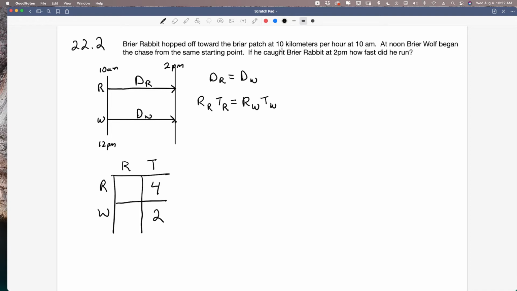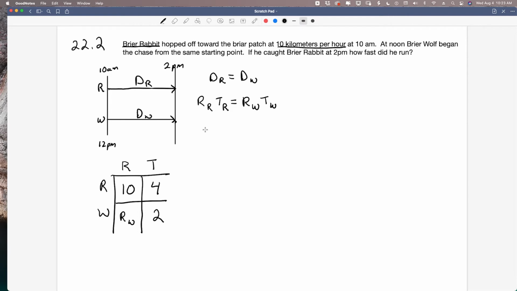And we also have the rate of Briar Rabbit. We are told that Briar Rabbit was moving at 10 kilometers per hour. So the rate of the rabbit is 10. What we don't know is the rate of the wolf. That's the unknown.